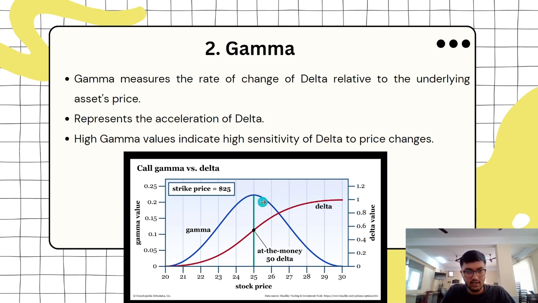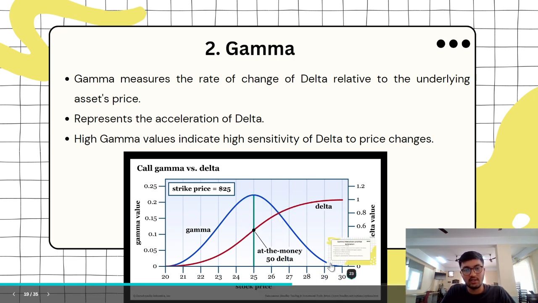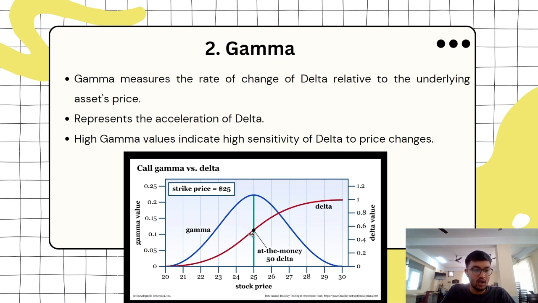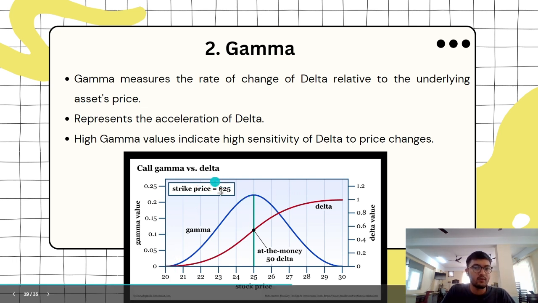As the delta is increasing, the gamma is decreasing. But in the case of out of the money, when the stock price was at 20, 25 is out of the money. I'm only talking about the call. So the delta is very low because it's out of the money. You can see the delta value is 0.2, 0.3, 0.4 at this point.